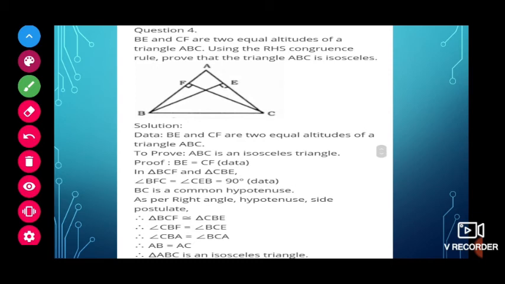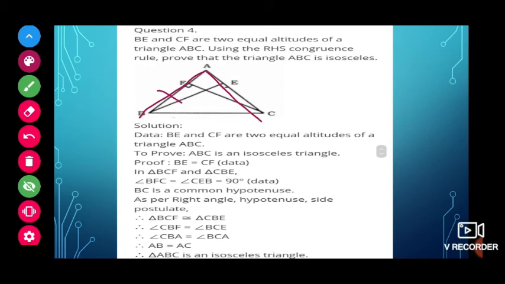So by using that, if those three are equal, then I can say that the two triangles are equal. By using that, I have to show this is an isosceles triangle. If I want to show this is an isosceles triangle, first what I have to prove is very important. I have to prove that AB, one side, and AC, both are equal.